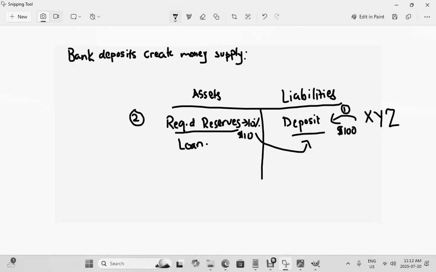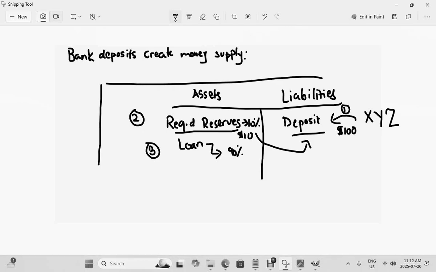And the rest will be available for loans. This could be a personal loan, an auto loan, or your line of credit, and so on. So the rest will be available as loans, which will be 90% of the deposit. Now, once you have this worked out, the next step is relevant to the borrower.